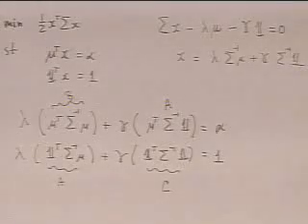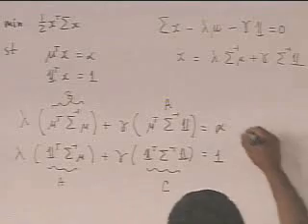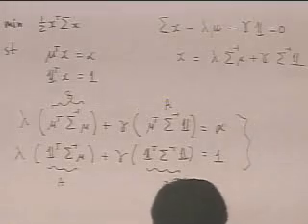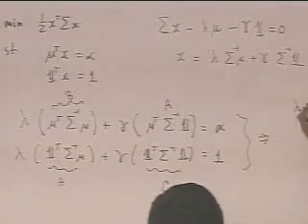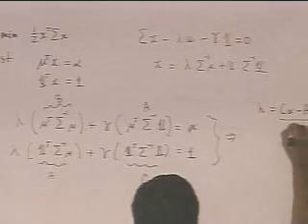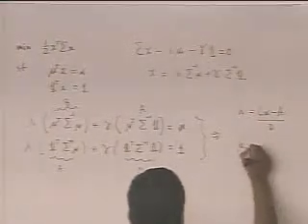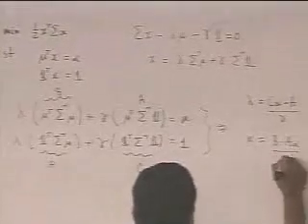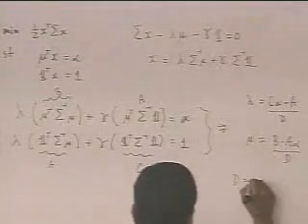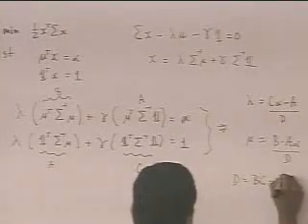Okay, so when you solve this, how do you solve this? Use Cramer's rule: lambda is equal to C alpha minus A divided by D, and gamma is equal to B minus A alpha divided by D, where D is equal to BC minus A squared.